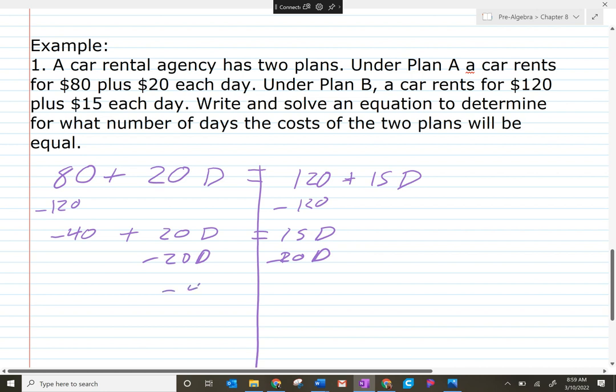I am left with negative 40 equals negative 5D. Madison, last step. What are your thoughts? Fantastic. I love it. Divide by negative 5 to both sides. I get D equals negative 40 divided by negative 5. So a negative divided by a negative is? Positive. And it's going to be a positive 8 for my answer. So the day that the two plans will be equal will be on the 8th day.